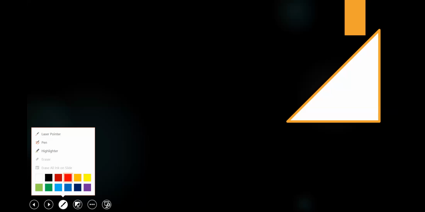Now, let's say that here we have an angle A. For angle A, this is the opposite. And this is the adjacent. And this is the hypotenuse.